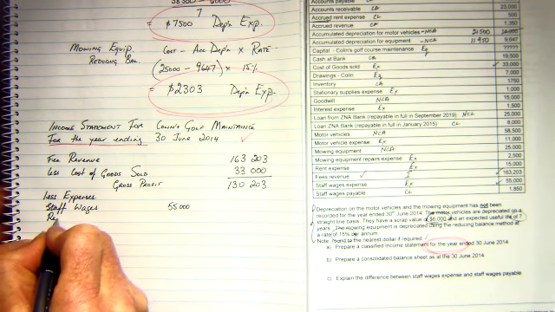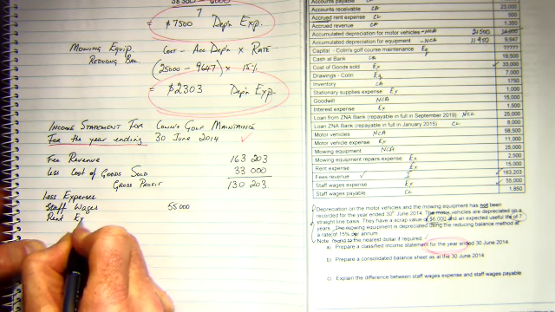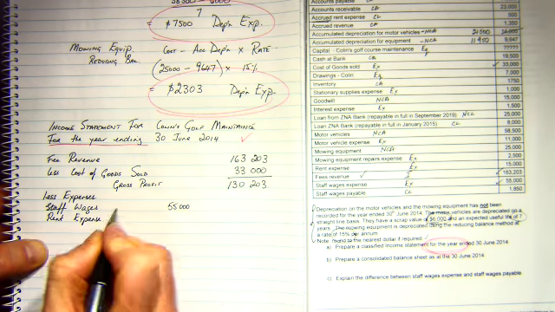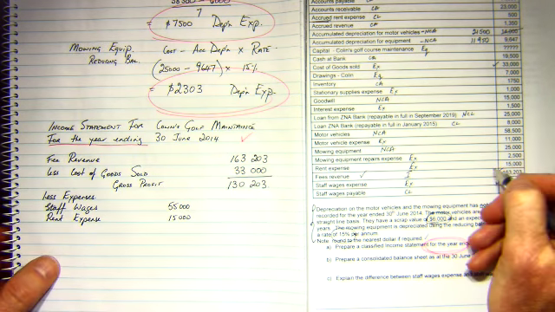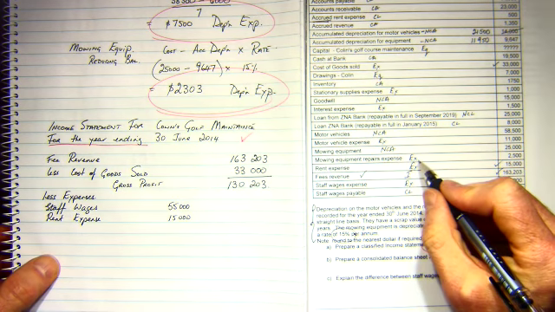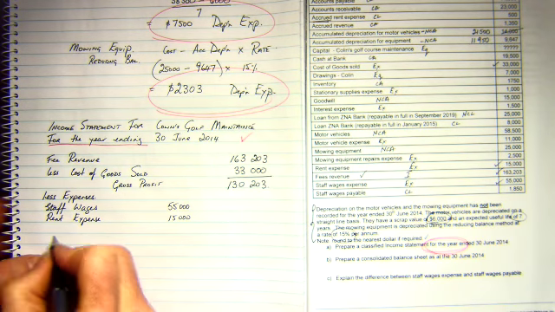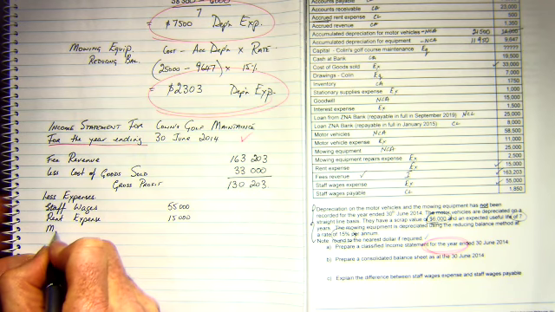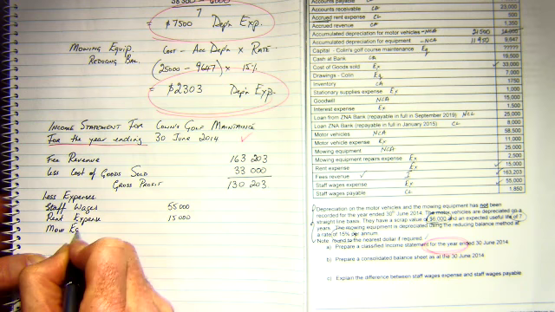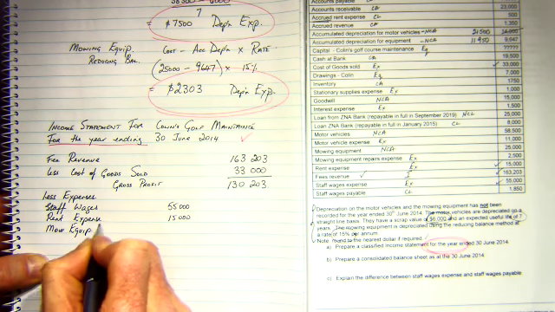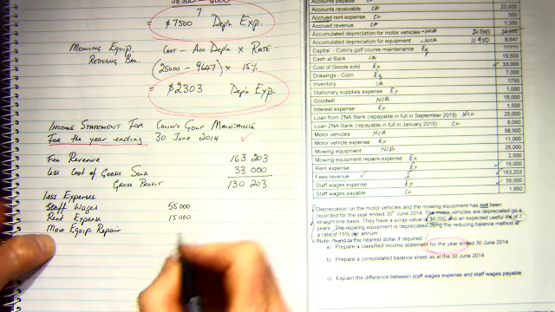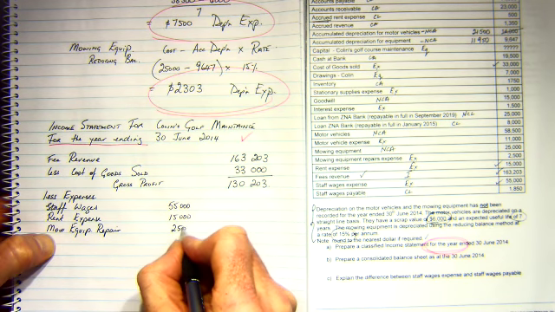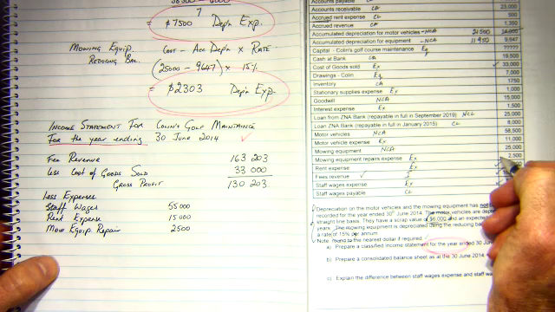Working my way up, my rent expense is next, which is 15,000. Mowing equipment repairs, which I'll shorten to mow equipment, 2,500.